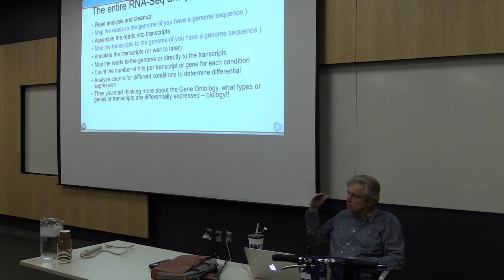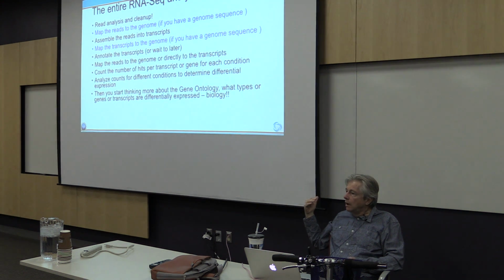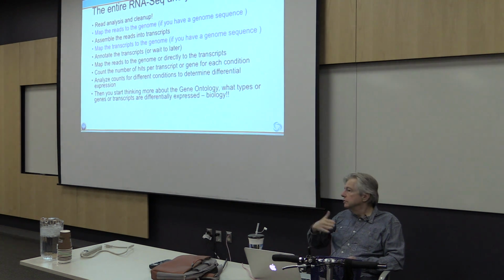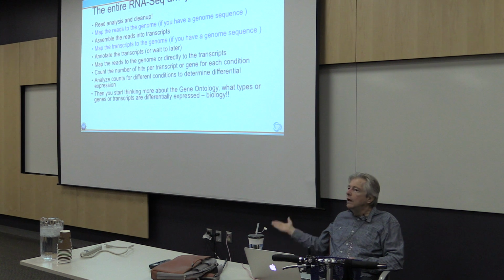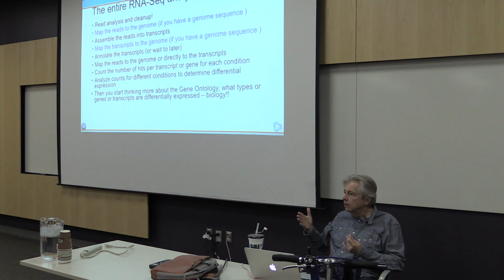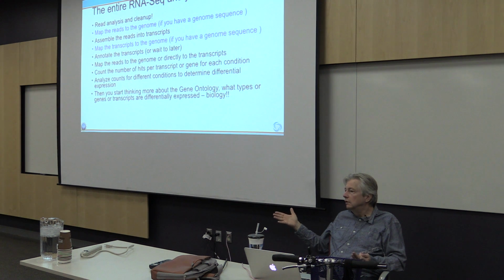But at the same time, you can make use of annotation information, the information that's already there. The best world for you is if you are working with a well-developed system like Arabidopsis or the human genome, in which case you have people that have already gone through this process hundreds of times, and you have a lot of information that's been built up on what are the genes, what are the messenger RNAs that are commonly seen, because each gene can produce different transcripts.